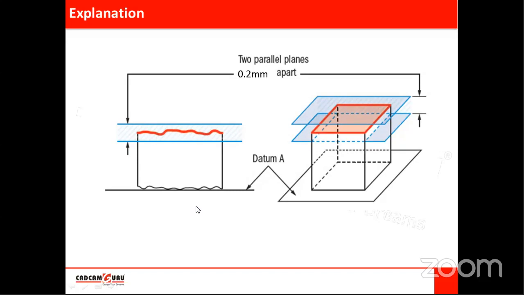This surface plate is called the datum feature simulator, on which this component rests. So here the datum is important. That makes it different from flatness.